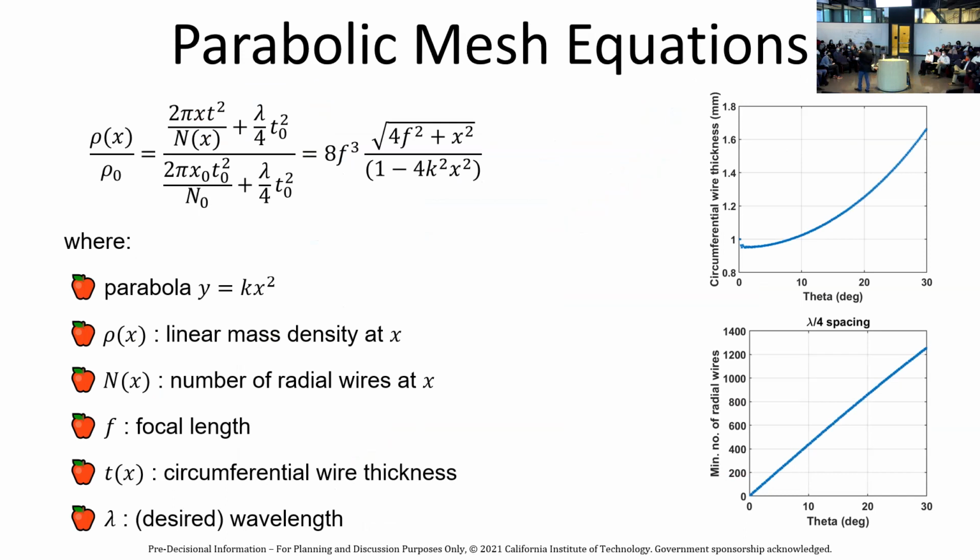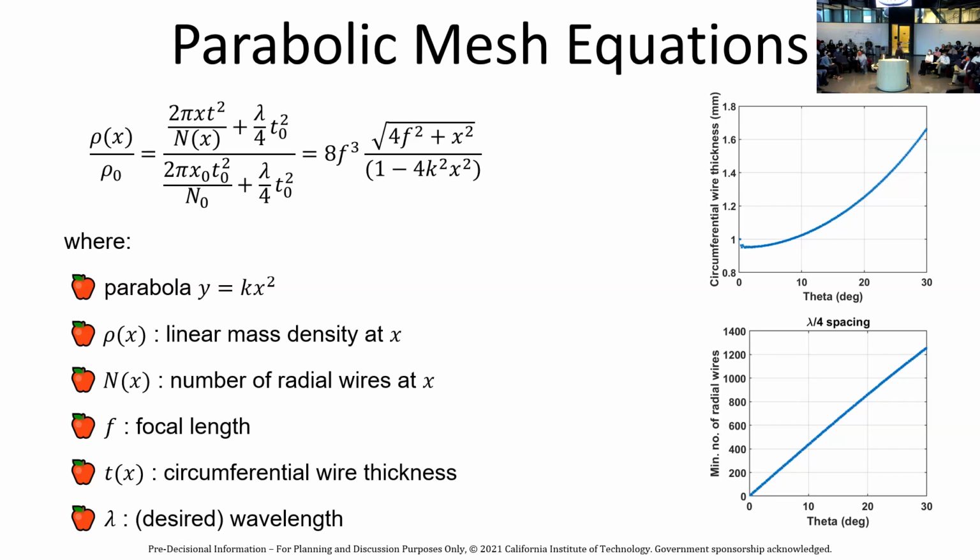Don't read much into the equations, but the trick is that if you change just the thickness of the wire at different places on the mesh, you get a shape that does not depend on temperature, because when you heat or cool a mesh, it uniformly expands and contracts. So now you throw 300 degrees centigrade at the problem, and it doesn't change anything. The mass variation remains the same, the shape is maintained. Again, an engineering trick to get rid of a very, very painful problem.